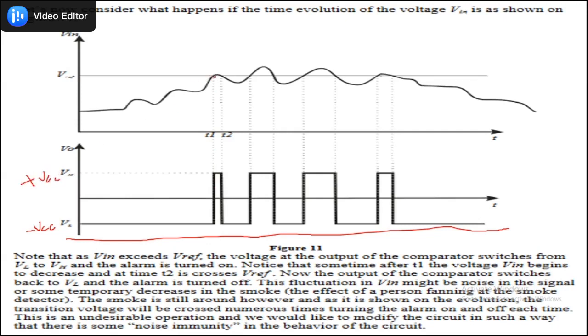Again, when this is coming down from Vref, which is the condition, Vref is greater than V in, then it is coming back here. So this can be treated as on time of a switch, and this can be treated as off time.